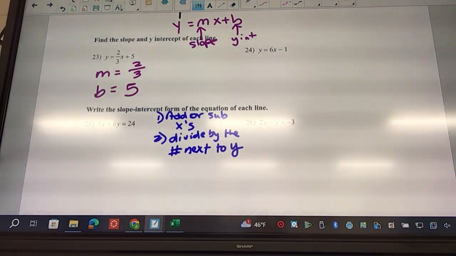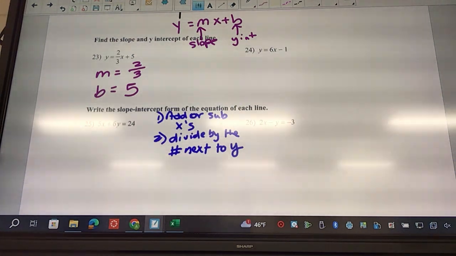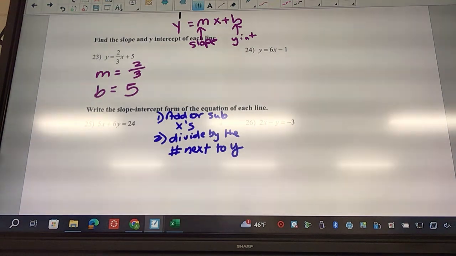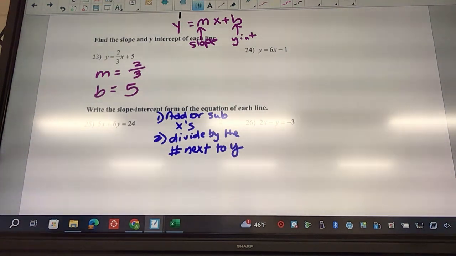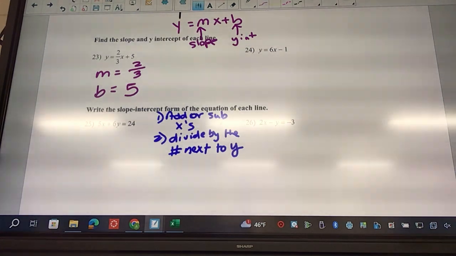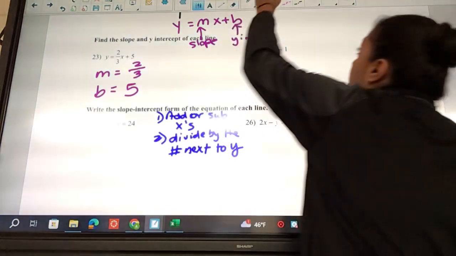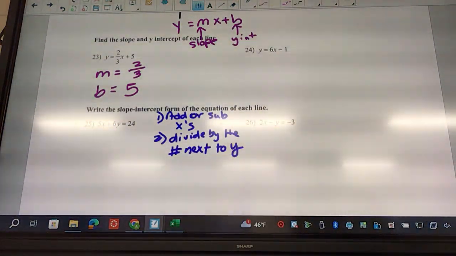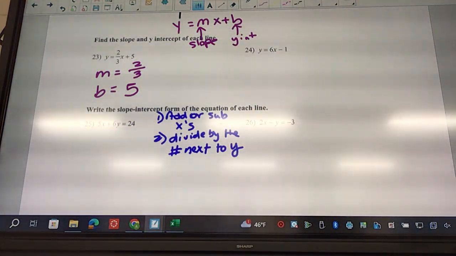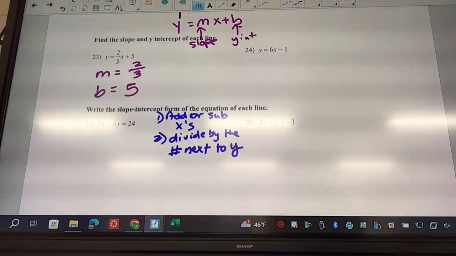Now when you're doing your test, if you're thinking, man, I don't know what to do, each set of these has a set of instructions. Slope intercept form will look like the same type of problem. So follow along with your review step by step. If we look at our x's, are we going to add or subtract them? Subtract. We're going to say minus 5x on both sides.